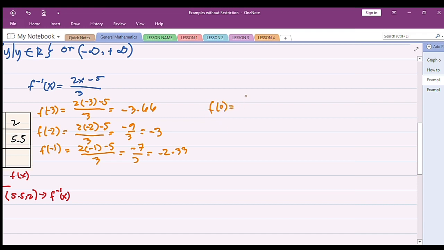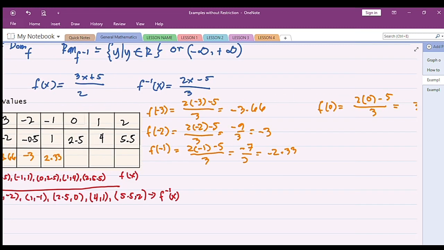F of 0 is equals to 2 times 0 minus 5 all over 3. So it will equal to negative 5 over 3, which is negative 1.67.